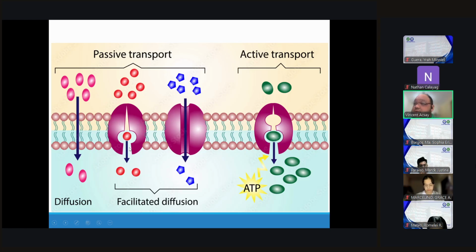So they are protein mediated, but not active transport. For active transport, you are moving against the concentration gradient, the electrochemical gradient, and you require ATP. Okay, please familiarize yourselves with and be able to differentiate the forms of transport.